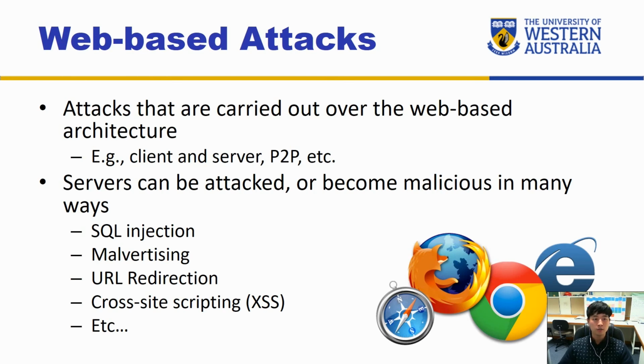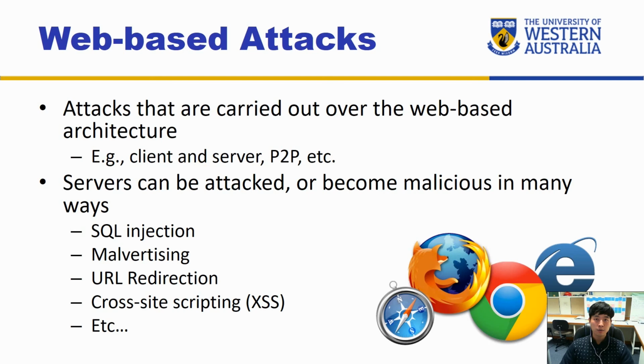Okay, so the attacks that are carried out over the web-based architecture, what we refer to as web-based attacks. So anything that goes over the application layer through the web will fall into this category. This not just includes browsers, but also any client and server connections, peer-to-peer networks, and so forth.